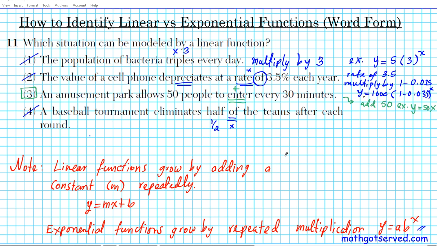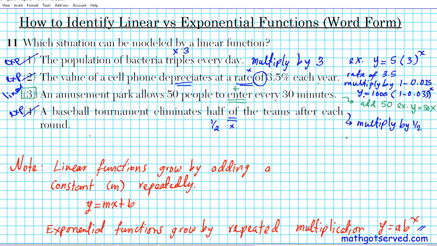In option 4, what's happening is that we are going to be multiplying by 1/2 every single time. So option 1 is exponential, 2 is exponential, 3 is linear, and 4 is exponential. Let's take a look at an example of what option 4 looks like.